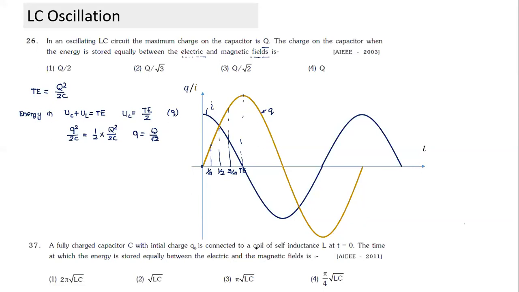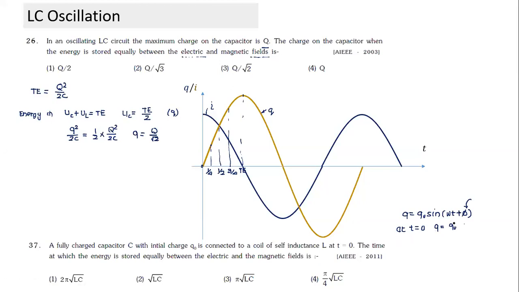At what time? First of all, can we write charge as a function of time? Charge Q is equal to Q naught sine of omega t plus phi. Can we find the value of phi, the phase constant here? At t is equal to 0, what is the value of Q? Q is equal to Q naught. So what is the phase constant if Q is equal to Q naught?